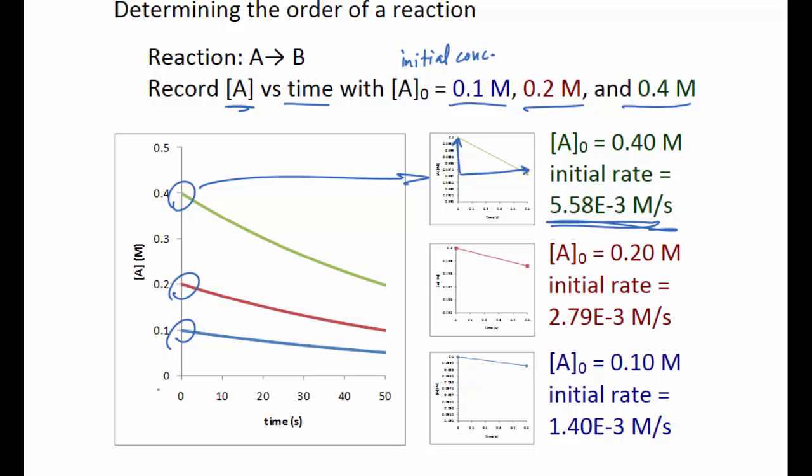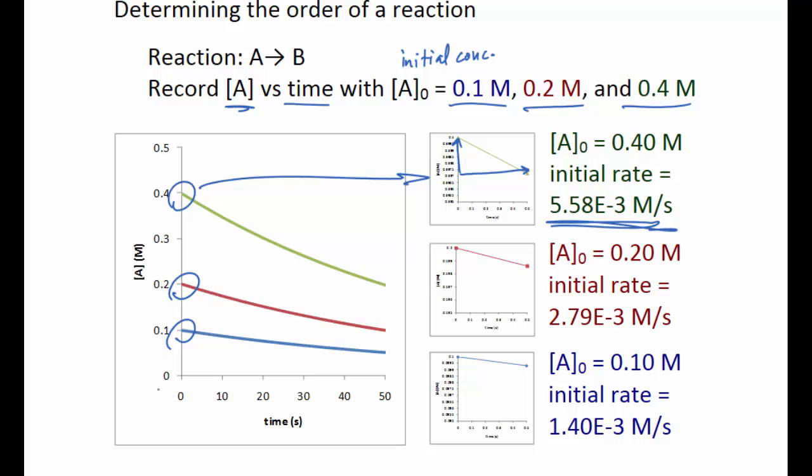Rates are always positive. Because A is a reactant, its concentration is decreasing, but the actual rate is positive. But you can tell based on the slope of those lines that it correlates with those values there. And if we're just doing comparison, those are all 10 to the negative 3. So you just really need to look at the number in front: 5.58, 2.79, 1.40.